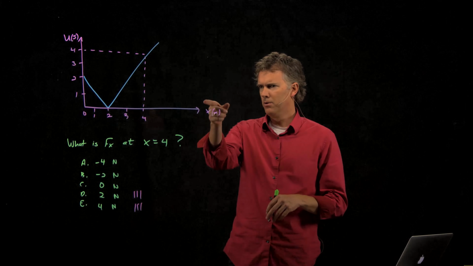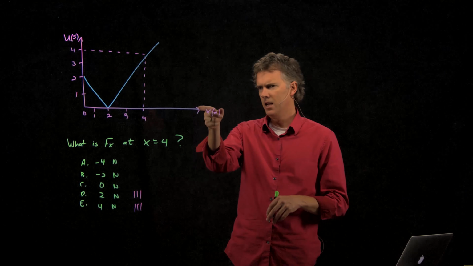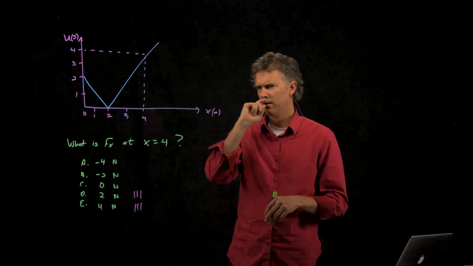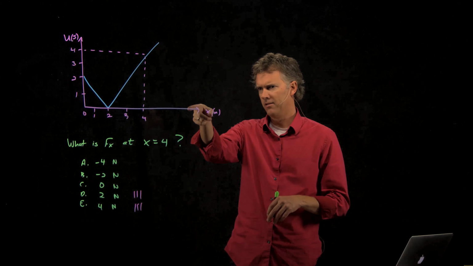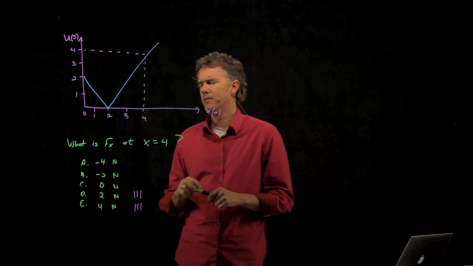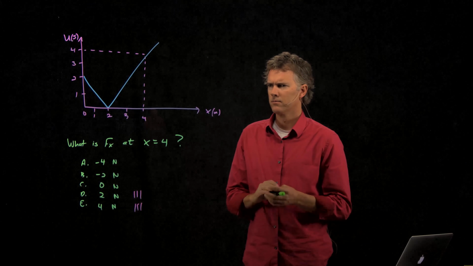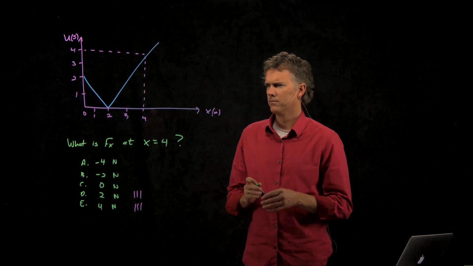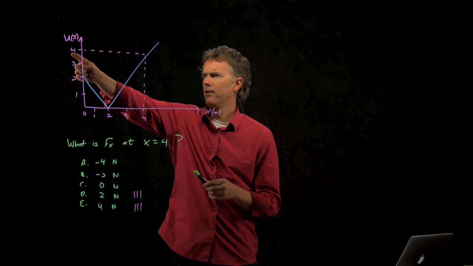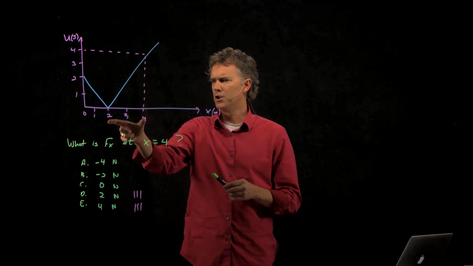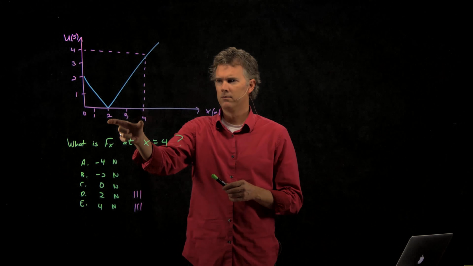Table number 2 over here, did you guys answer D? So what did you like about D? You saw a 4 here, and then you saw a 2 here, right?